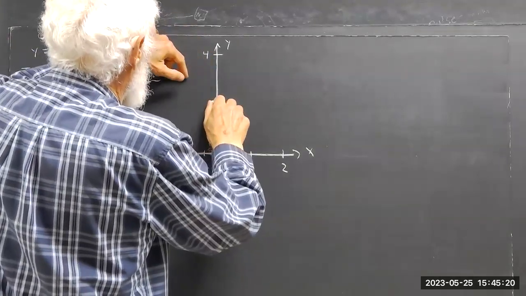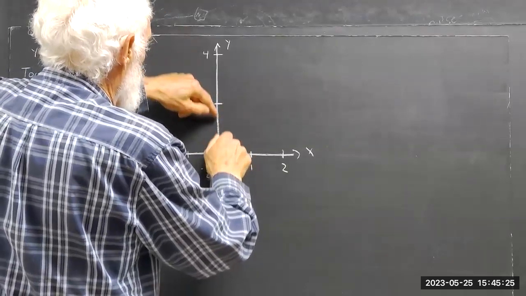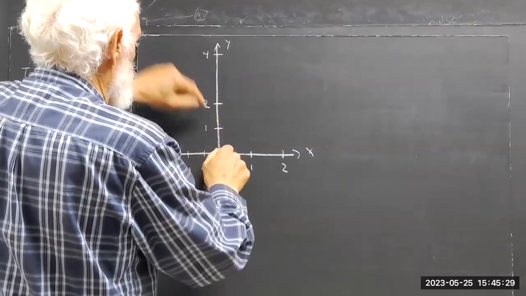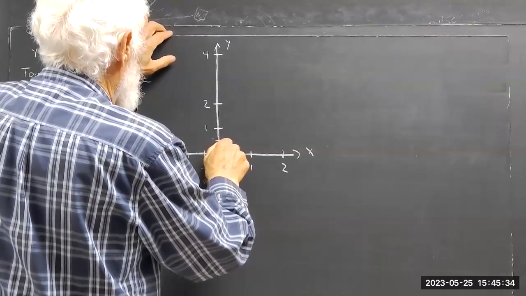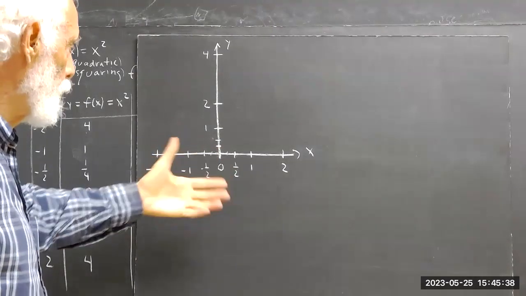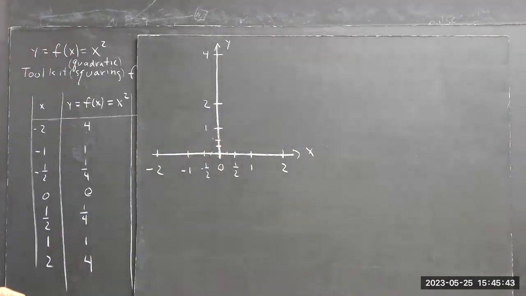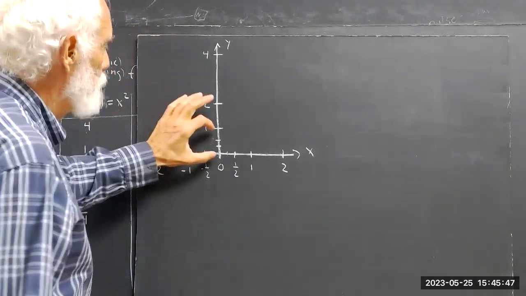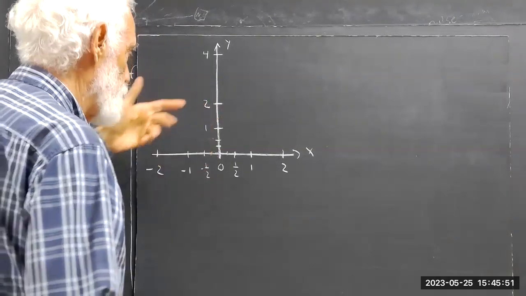Okay, it comes out about here. So that should be 2. And then divide that in half, that should be 1. Divide this interval in half, that gives us 1/2. Divide this interval in half, that gives us 1/4. And I didn't label the 1/2 and the 1/4 because the labels are going to kind of get in our way when we write our points. But we understand. That's 1. That looks like half of 1. There's half of the half.